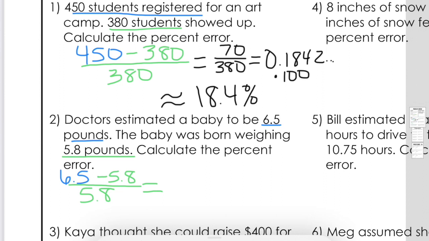So 6.5 minus 5.8 is 0.7, and then we're going to divide that by the exact amount of 5.8.